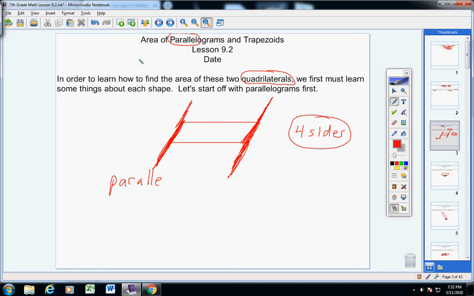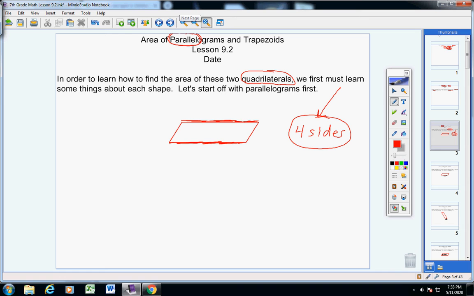They would never cross because they are going the same direction. They are parallel. And it also means that these 2 sides are also parallel. So a parallelogram always has 4 sides, and the opposite sides in a parallelogram will always be parallel. Just make sure you understand that.